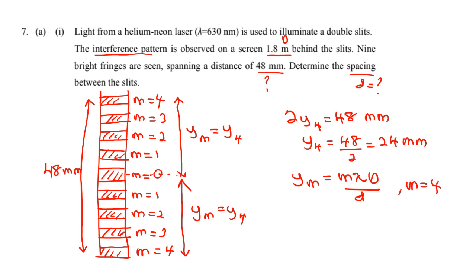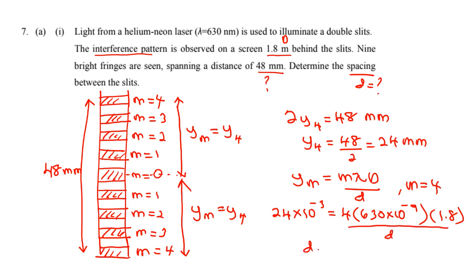So ym or y4 equals 24 times 10 to the power of negative 3 equals 4 times lambda, which is 630 times 10 to the power of negative 9, D is 1.8, over d. So we calculate, you get d equals 1.89 times 10 to the power of negative 4 meters.